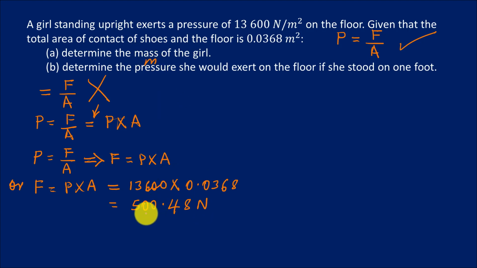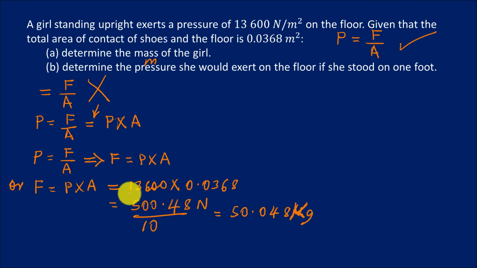Then you realize, okay, this is the weight of the student. Now how do I get the mass? Oh, to get the mass, I just need to divide this one by 10, and I get 50.048 newtons. I mean kilograms. And this is the correct answer.